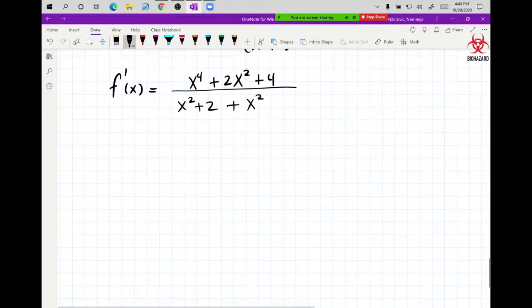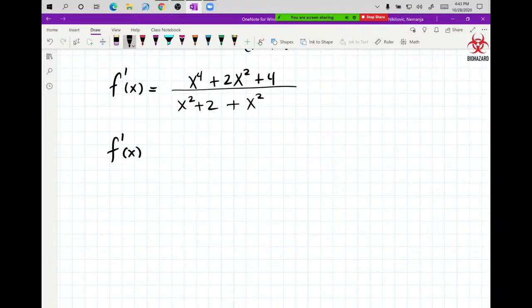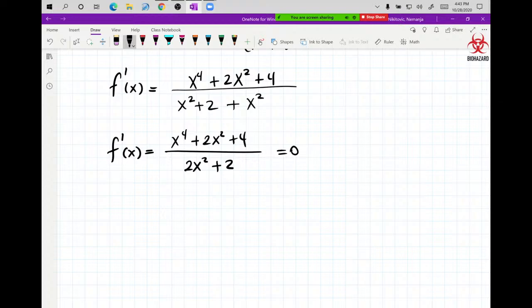And finally, our first derivative is x to the 4th plus 2x squared plus 4 divided by 2x squared plus 2. That's the derivative. And now you set this equal to 0 to find those critical points.